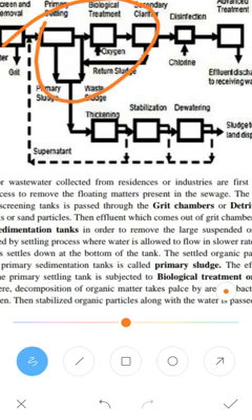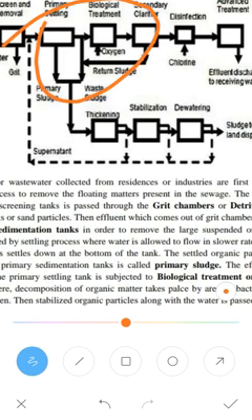Then the heavy denser particles are allowed to settle at the bottom of the tanks. The settled organic particles at the bottom of the tanks are called primary sludge.